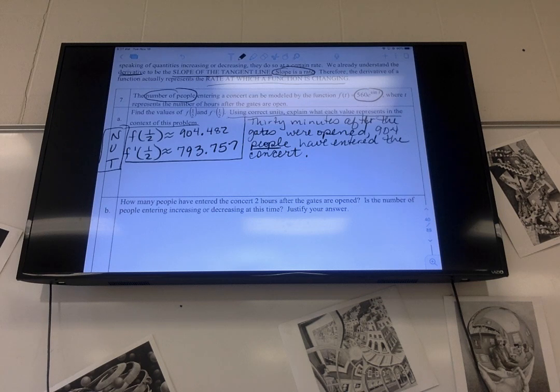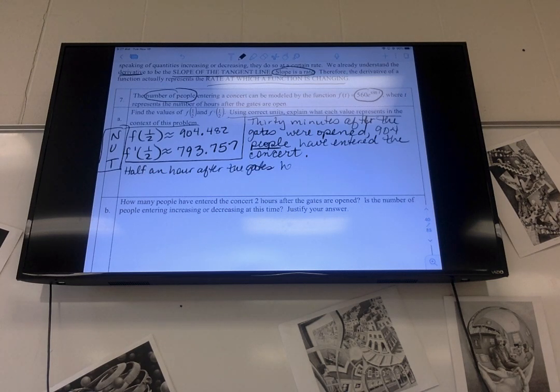Okay, so f prime of 1/2. So that's also half an hour. It's 1/30.